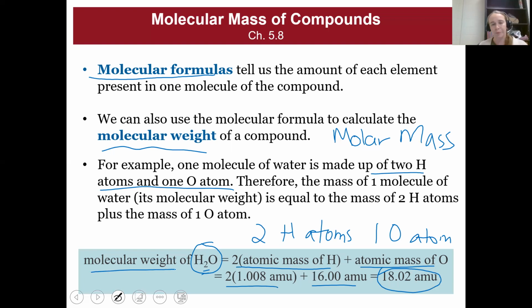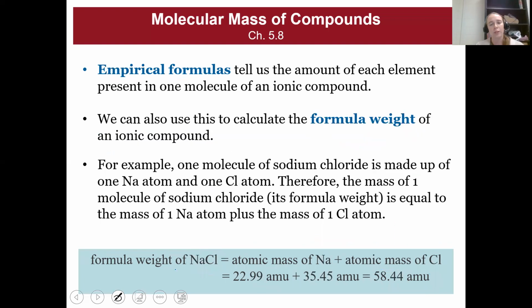All right, cool. So we can do the same thing with ionic compounds, but remember, ionic compounds we always write as the empirical formula because the actual compound is typically made up of a big lattice. Remember, I'm going to try to draw it again. This time they're going to be the same size.